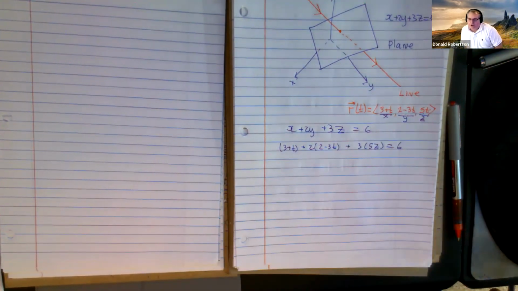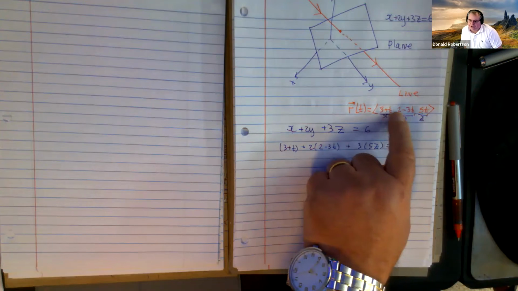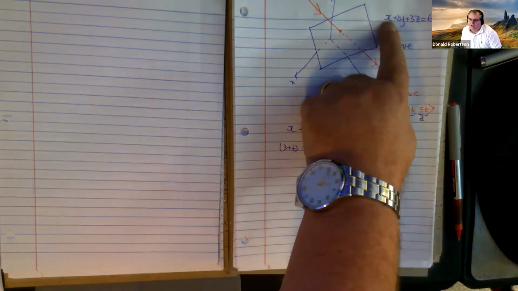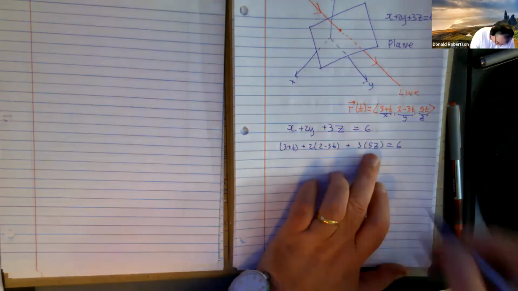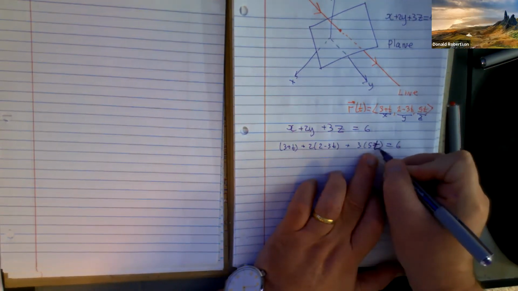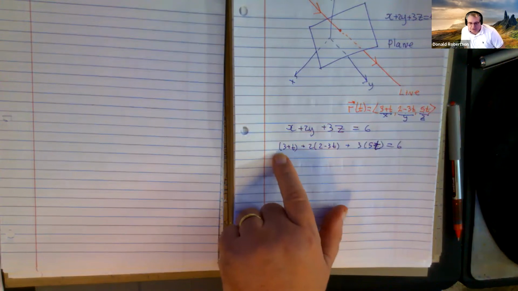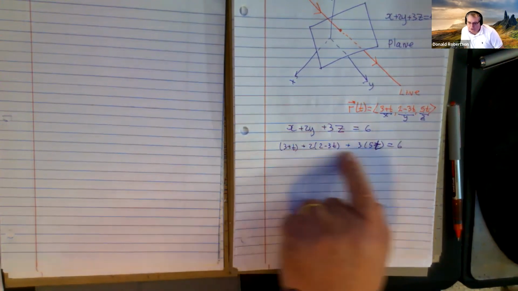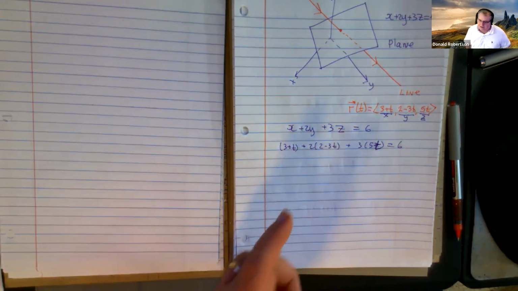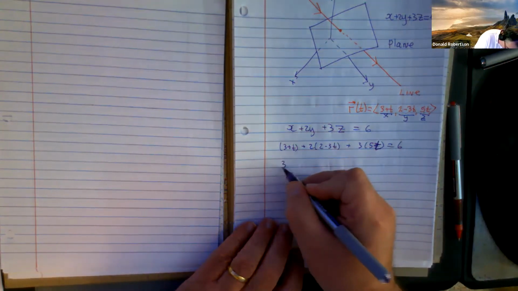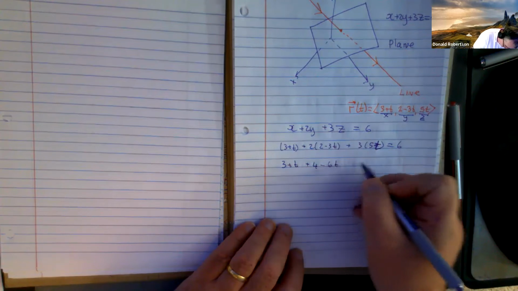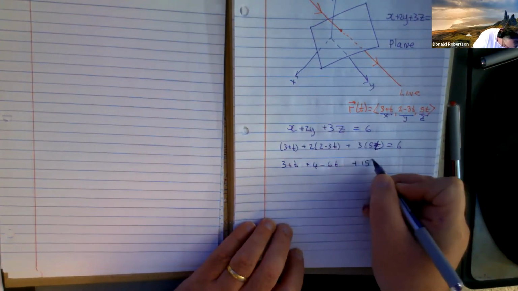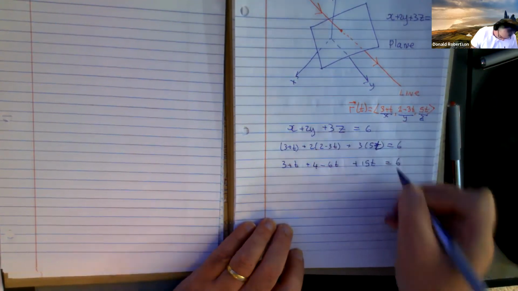So essentially, you substitute these 3 guys for the x, the y, and the z in the plane. And that's a t, by the way. What I'm going to do now is solve this equation, because this equation only has one variable in it, t. So I have 3 plus t, 4 take away 6t, add 15t equals 6.